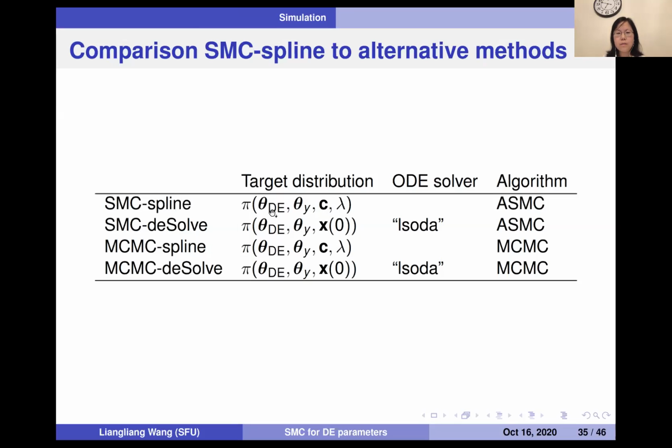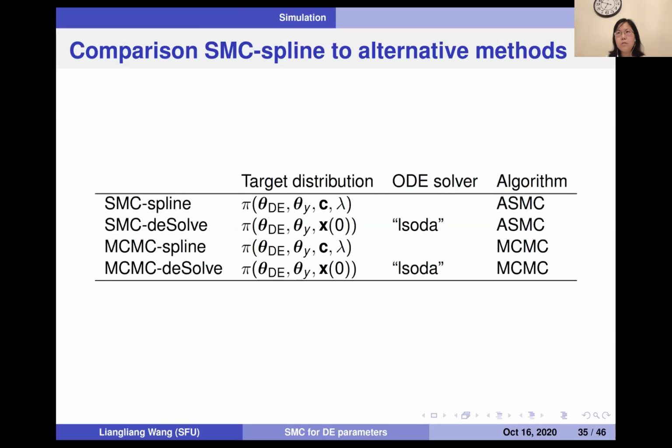So in our method, we don't need the DDE or ODE solvers. So we call this method SMC-spline because we use the spline. This is a target distribution, and our implementation algorithm is annealed SMC. But with the same target distribution, we can also use MCMC.